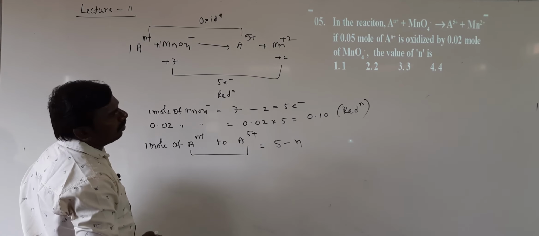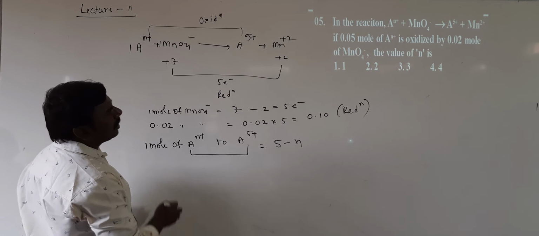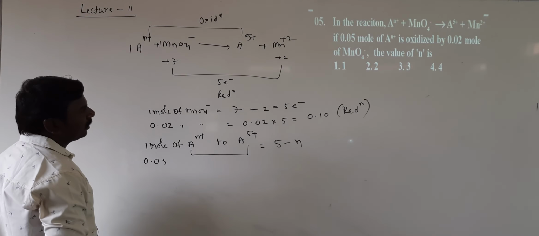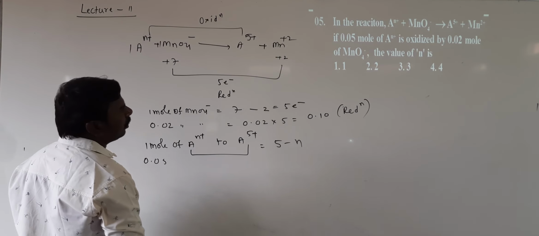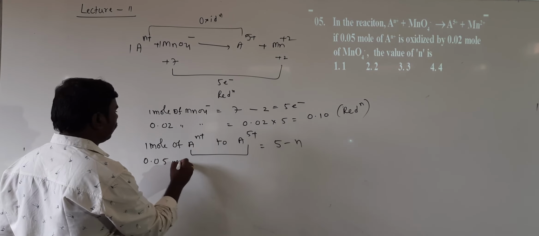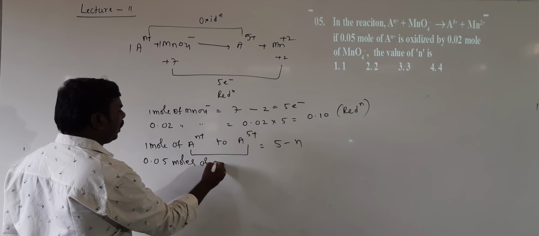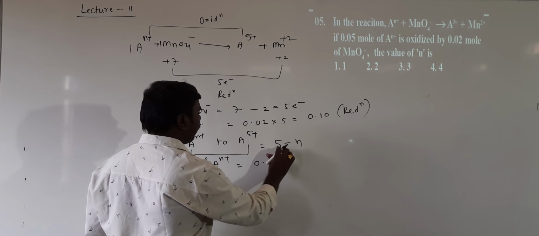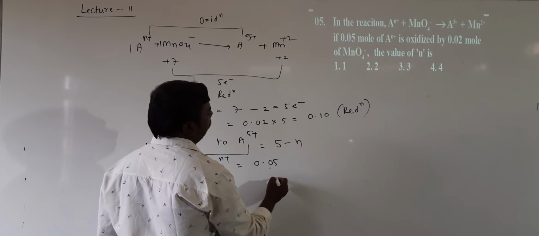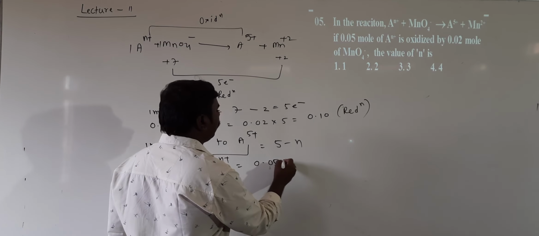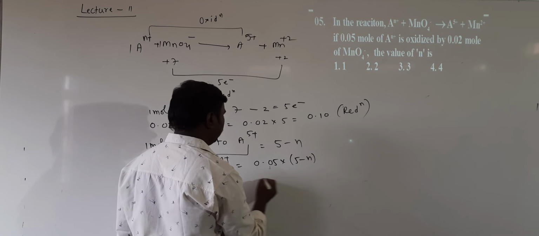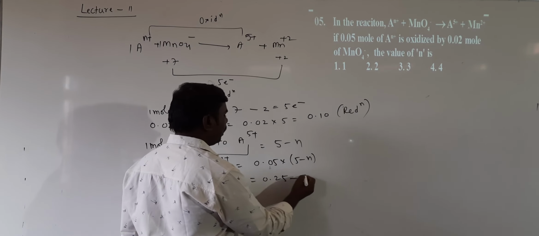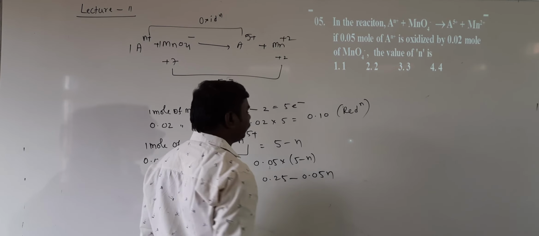So, how many moles are there totally here? 0.05 moles. So 0.05 moles of A n+ contains 0.05 into (5 minus n), which is 0.25 minus 0.05 n.